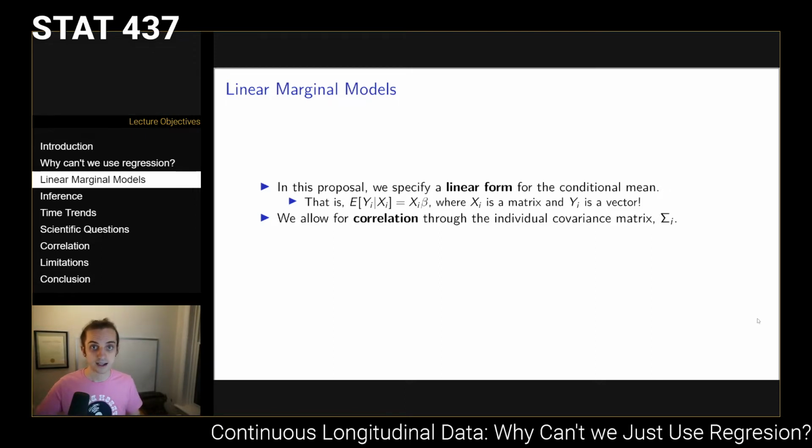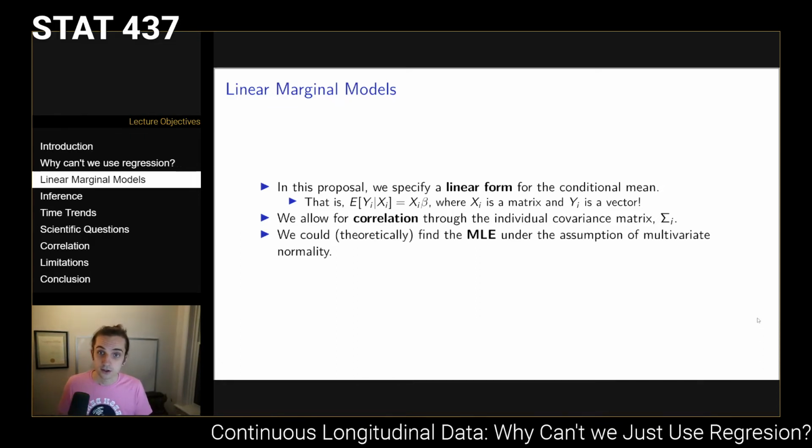So individual i and individual j don't share any dependence there. And if we make those assumptions and then we assume multivariate normality, then we could theoretically find the MLE for these parameters, right? And I'm saying we could theoretically find this MLE because it's not entirely clear that this proposal makes a whole lot of sense, but we could do it, right?